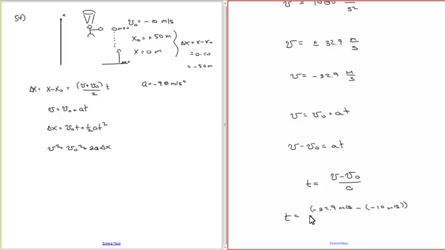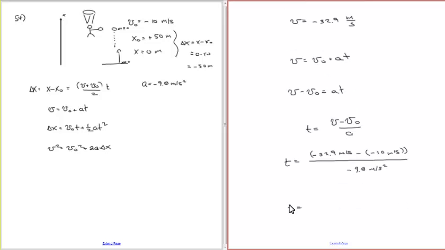And then we divide by a, which is negative 9.8 meters per second squared. The numerator is going to be negative 32.9 plus 10, which is 22.9 meters per second, divided by negative 9.8 meters per second squared.